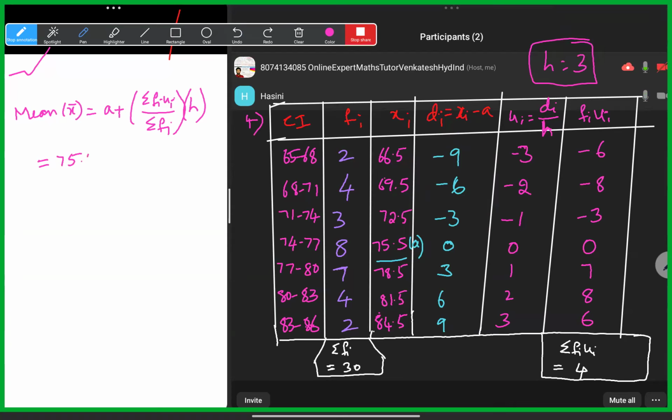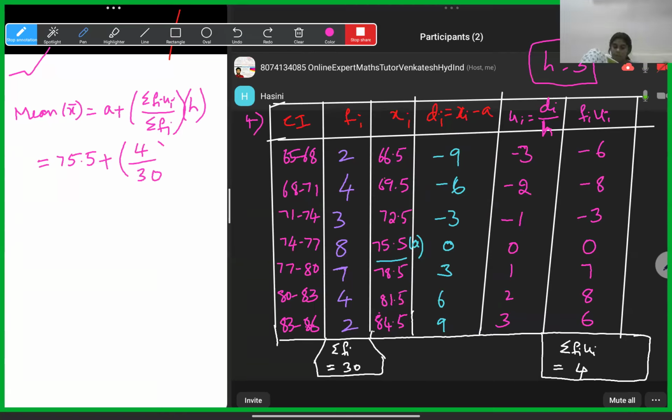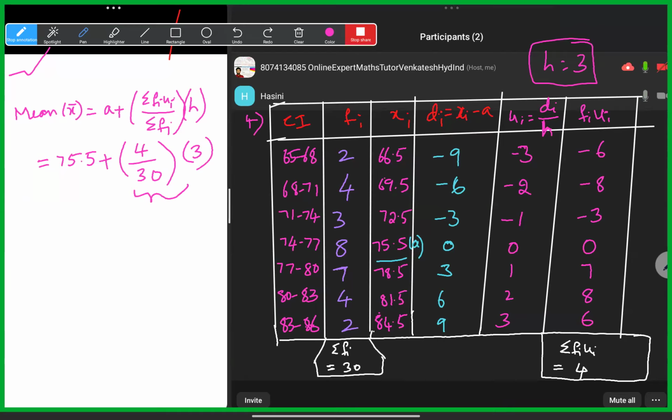A is 75.5, which we selected, plus sigma f u is 4, by sigma f is 30, into h, how much? 3. So this is a multiplication between these two. So this is 3 by 3, we can cut 3 and 30.